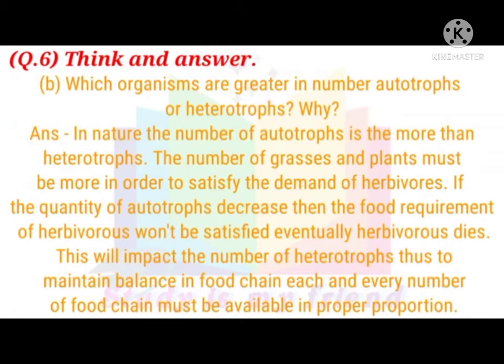If the quantity of autotrophs decreases, the food requirement of herbivores won't be satisfied. Herbivores die, which impacts the number of heterotrophs. Thus, to maintain balance in the food chain, each and every member of the food chain must be available in proper proportion.